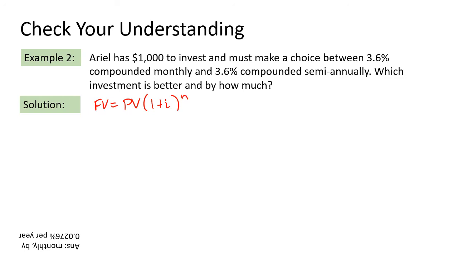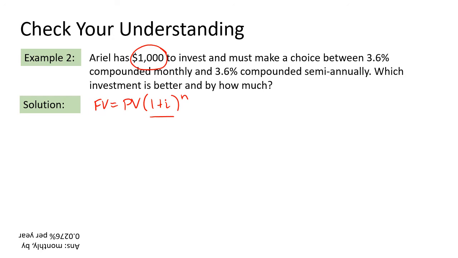The multiplier we care about is the 1 plus I to the n term. So the fact that she has $1,000 actually doesn't mean anything in this question.